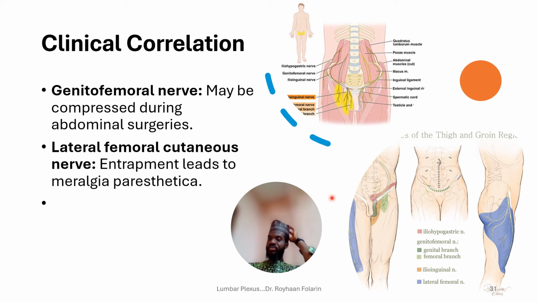It's a merger of two Greek words actually, so you could interpret it as thigh pain with anomalous perception. Neuralgia is nerve pain, and paresthesia is an anomalous perception, the feeling of numbness. So that's neuralgia paresthetica.